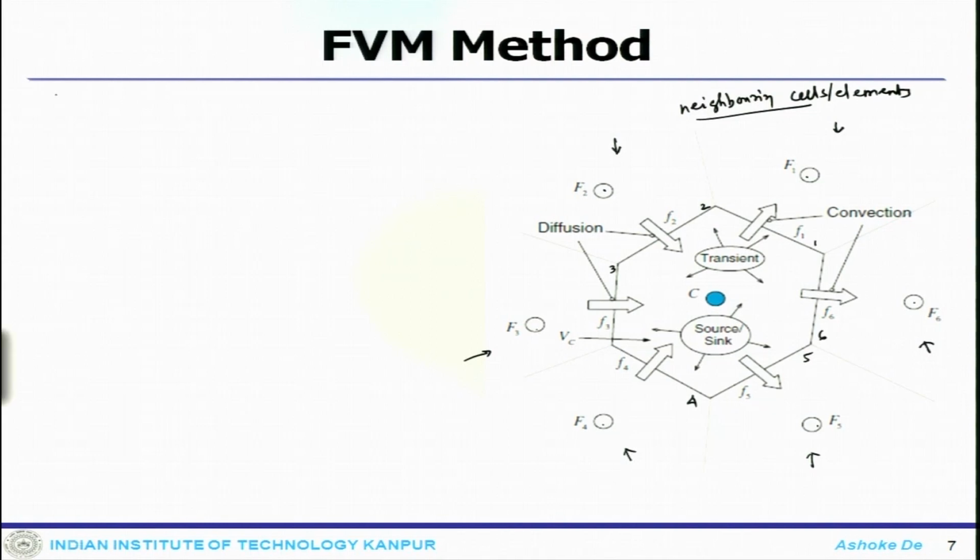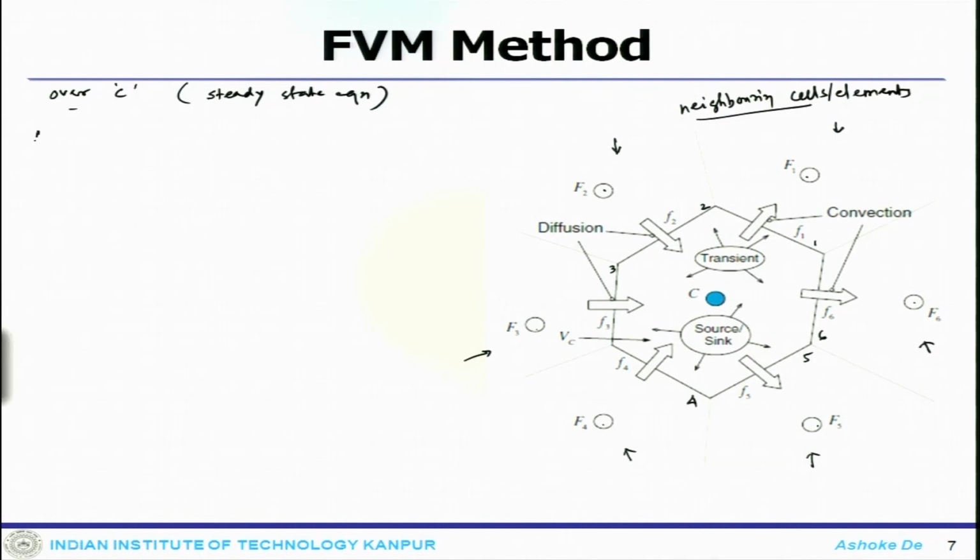Now, if you integrate over C the equation, let us look at the steady state equation first. If you integrate over C, what do you get?